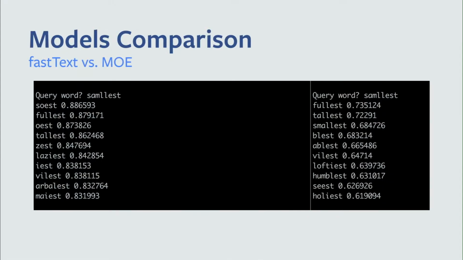Again, I cannot really go deep into details, but as you can see already from some anecdotal examples, take, for instance, a misspelling of the word smallest. On the left-hand side, you can see the nearest neighbors produced by fastText, and on the right-hand side, the nearest neighbors produced by MOE.